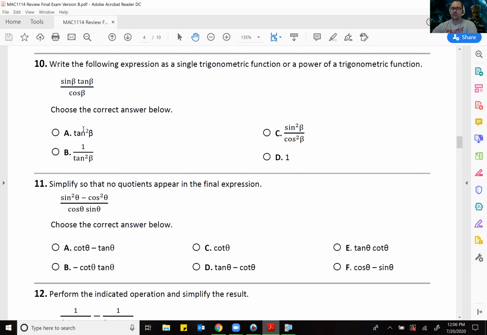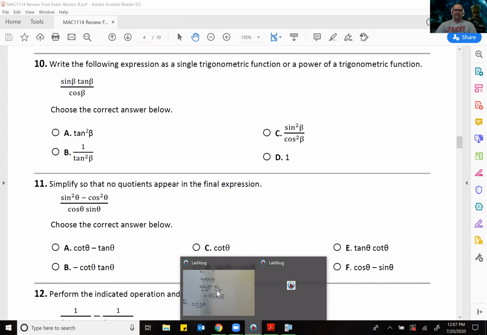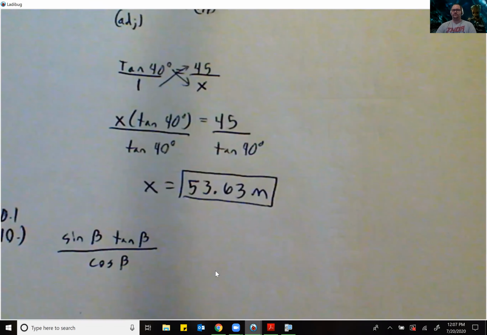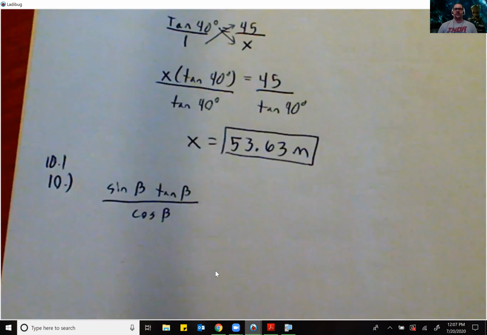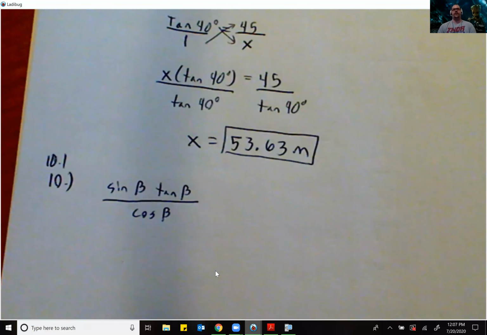So let's take a look at what we got here. We got sine beta, tangent beta, all over cosine beta. Now remember that, you know, a couple things that you can do. Remember you have trig identities, like sine is equal to 1 over cosecant, or tangent is equal to sine over cosine, things like that.